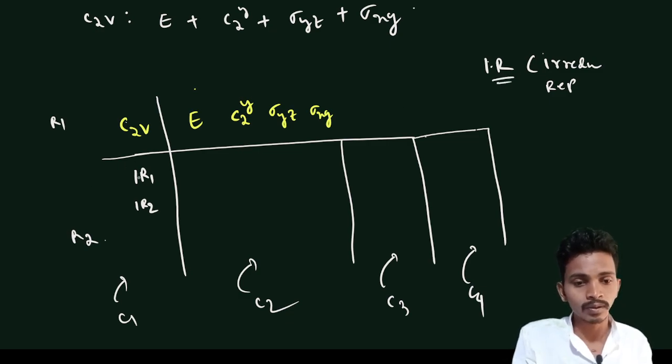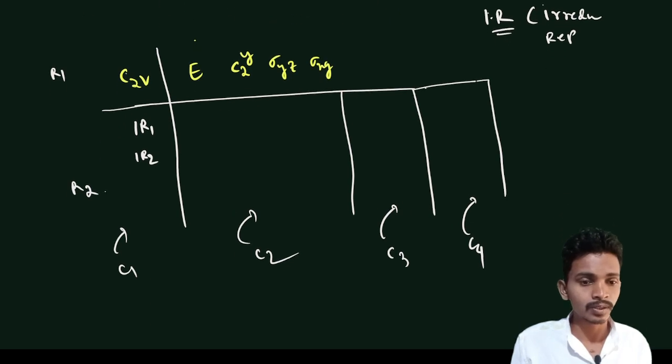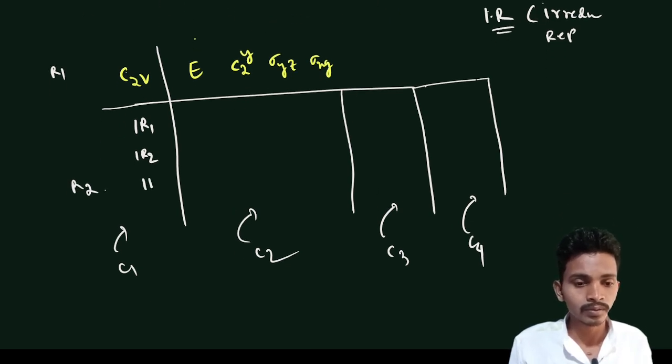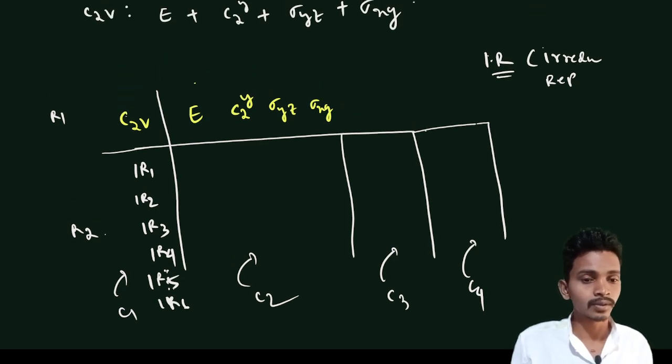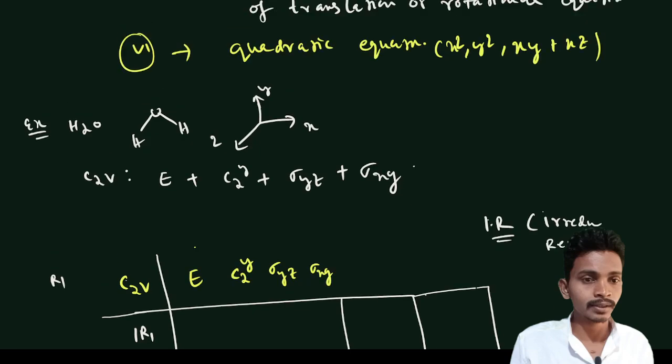After we know the value, I will put the exact value. I will simply write the notations IR1, IR2, IR3, IR4, and so on. I don't know how many I have to put for the time being. Maybe IR5 also comes, IR6 also comes.